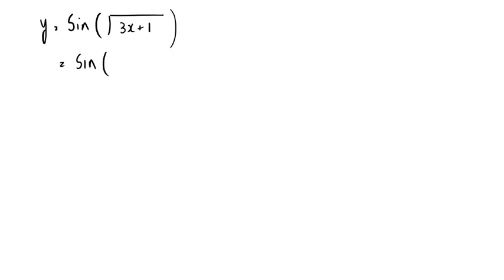So let's assume the function is y equals sine square root of 3x plus 1. So this also can be written as sine (3x plus 1) to the power half.